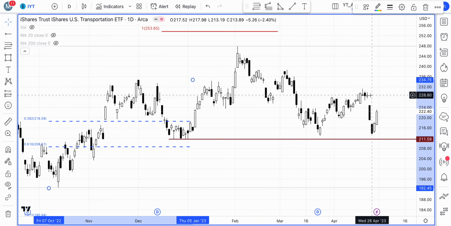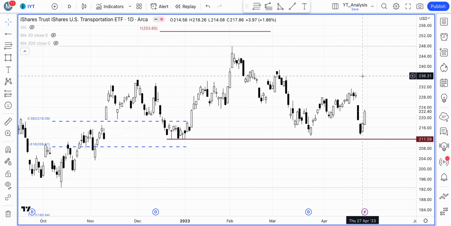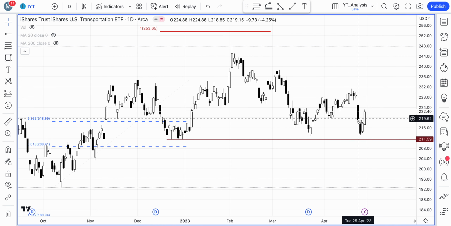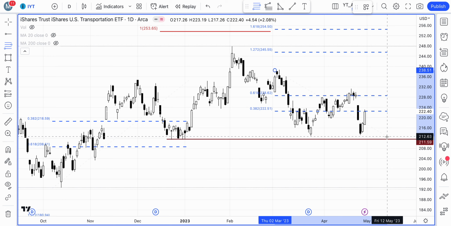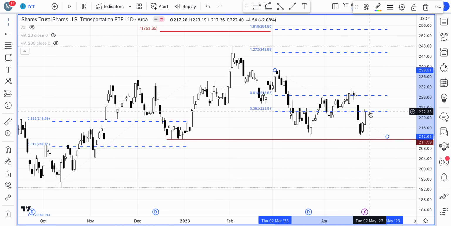We need to keep on watching this index ETF, because there was a point that it was falling sharply, and over the last couple of days it has had a pretty good recovery. If we take, let's say, a resistance retracement, boom, down here it's sitting right at the 38.2% Fibonacci retracement.